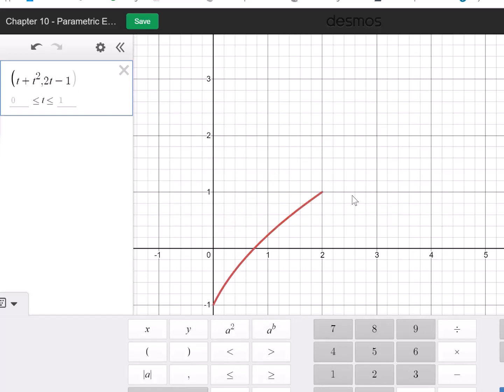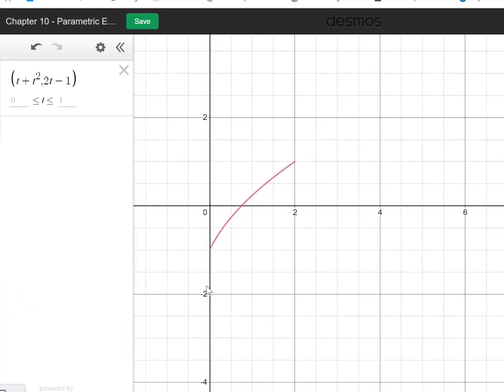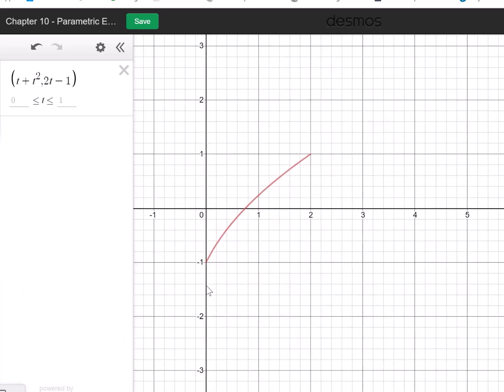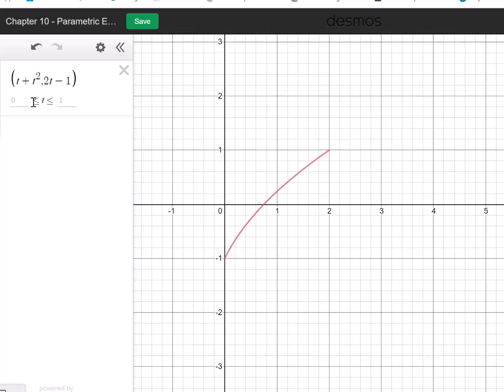That actually started to give me my parametric equation, but we have just a tiny little segment of my parametric equation right there. And that's because, like we talked about on the notebook just a second ago, if you have a restriction on the parameter, and notice what DESMOS did down here, it actually gave me a restriction on the parameter. It just said, okay, let's just let t run from 0 to 1.